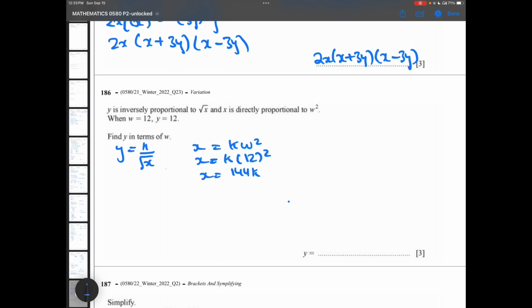Now in this part where I have written y is equal to k upon square root x, I can write in place of x, y is equal to k upon, in square root I write 144k.